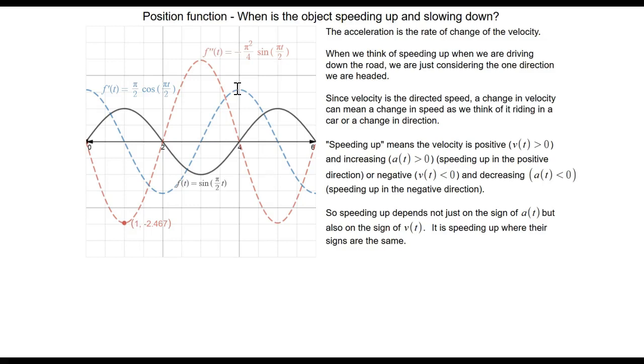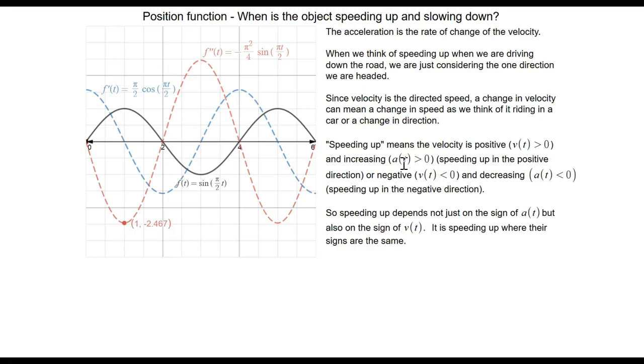So speeding up means when the velocity is positive, meaning that our position is growing, and the acceleration is positive. Or it's when the velocity is negative and the acceleration is negative.